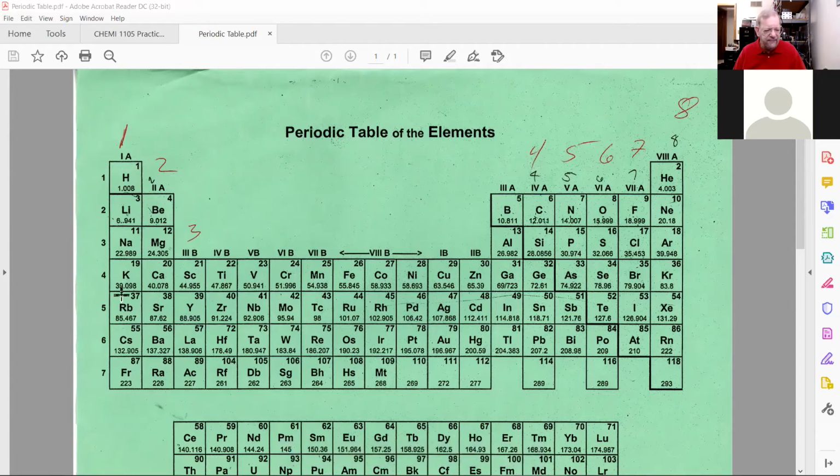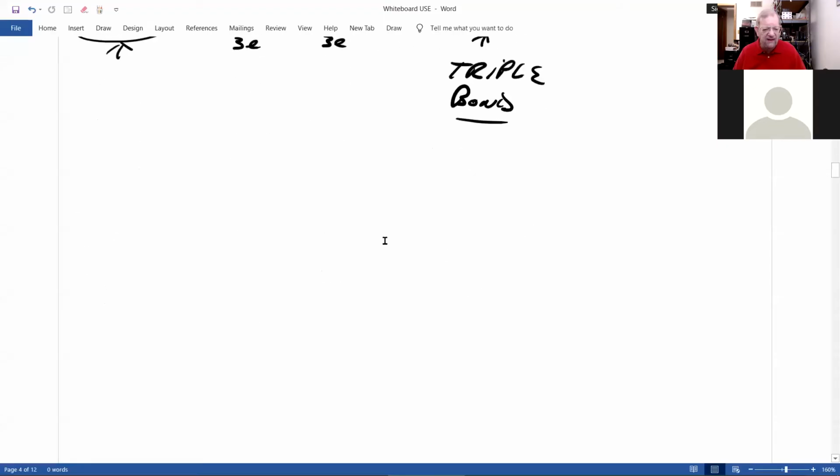All alkali metals form a +1 ion. We learned that. You can figure it out on your own. And all alkaline earth metals form a +2. So what does that mean? Draw the Lewis structure for sodium hydroxide.